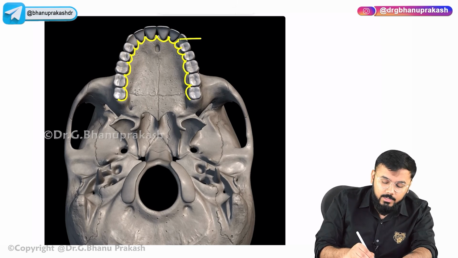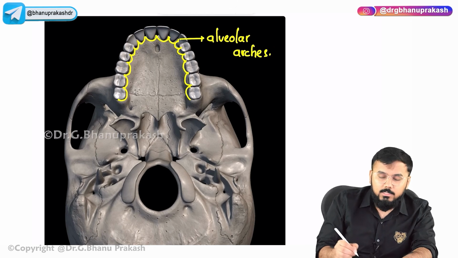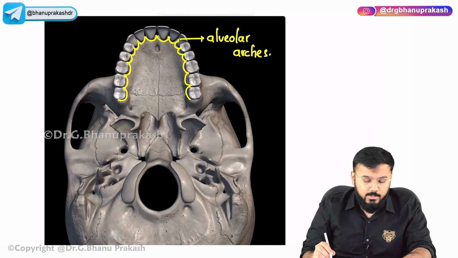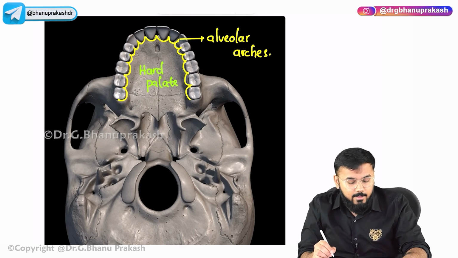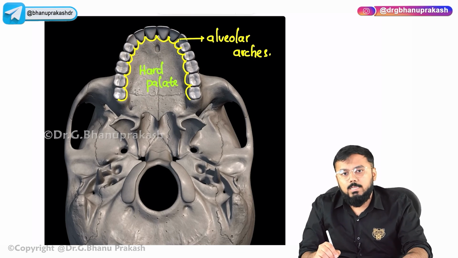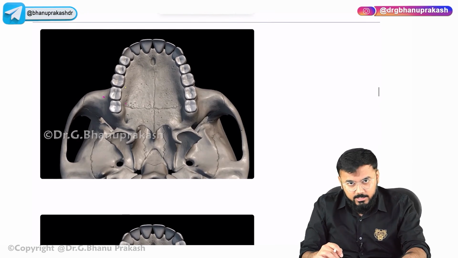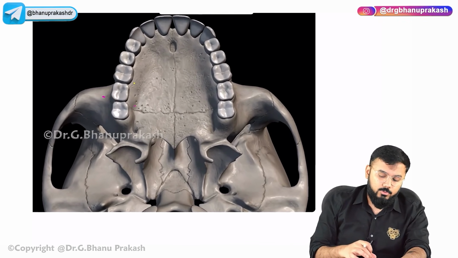These sockets over here are called alveolar arches. Next, the structure that is present in the center is called the hard palate. And these arches over here are called alveolar arches. Now if you go a little more detailed into these structures, what are the important things you can see?